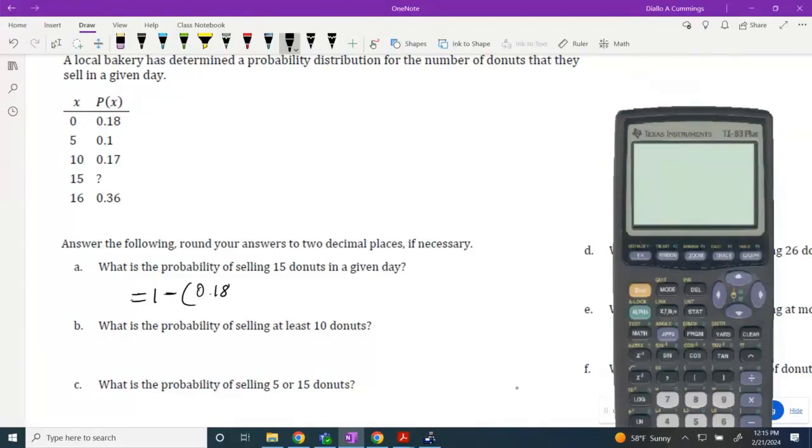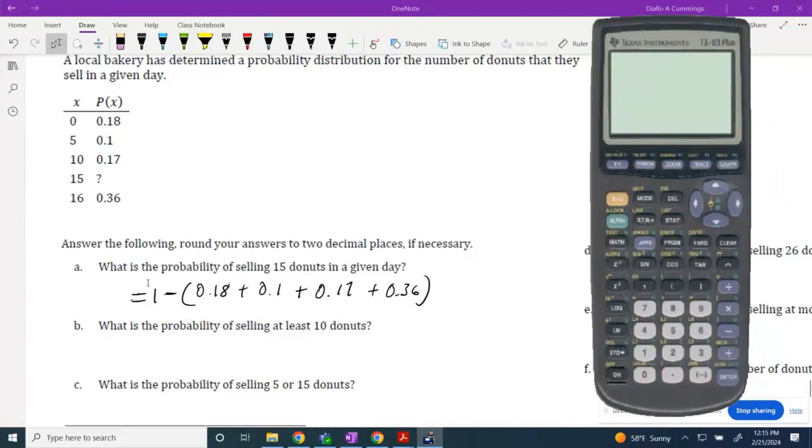So 0.18 plus 0.1 plus 0.17 plus 0.36. And this is going to give us the probability for 15 donuts.